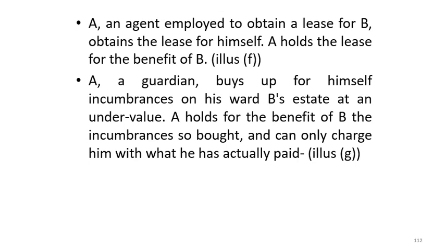Once again, a guardian buys up for himself encumbrances on his ward B's estate at an undervalue, and A holds such encumbrances for the benefit of B, and can only charge him with what he has actually paid.